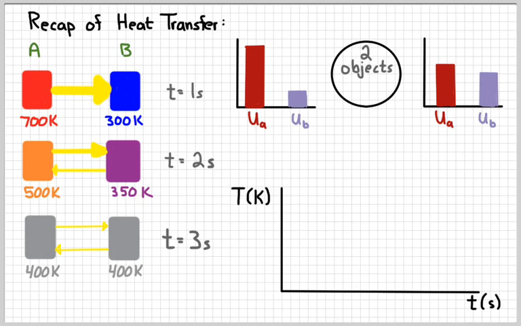If we were to create a graph of temperature versus time, like starting at 0 seconds and then 1, 2, 3 seconds, object A slowly loses temperature and object B slowly increases in temperature. The rate is going to be largest at the beginning when they have the biggest temperature difference, and they'll eventually converge to some temperature which is the same.